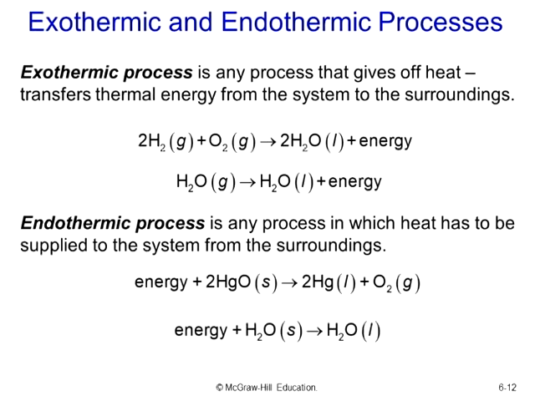The example shown here is where we take mercury in the 2 oxidation state, mercury(II) oxide, and it is decomposed in a decomposition reaction to mercury 0 and oxygen 0 as the diatomic gas. This process of decomposing the mercury compound to the individual elements requires energy to be put into the system.